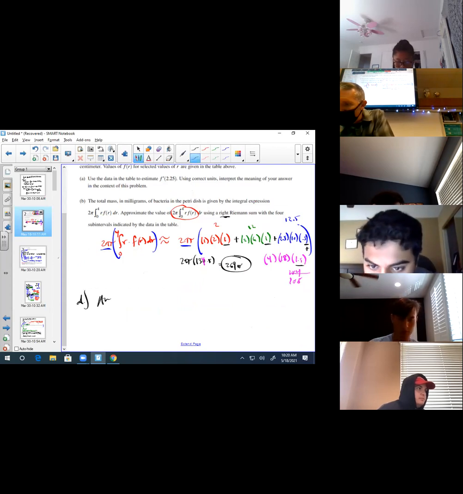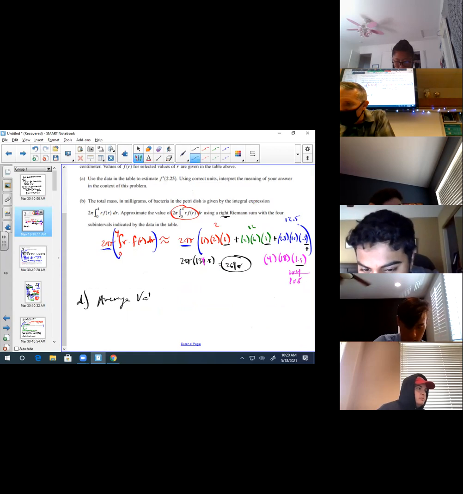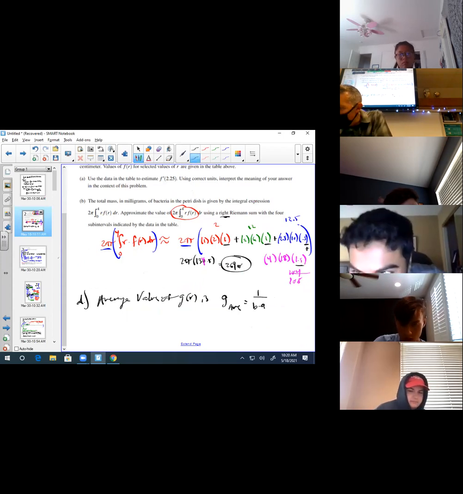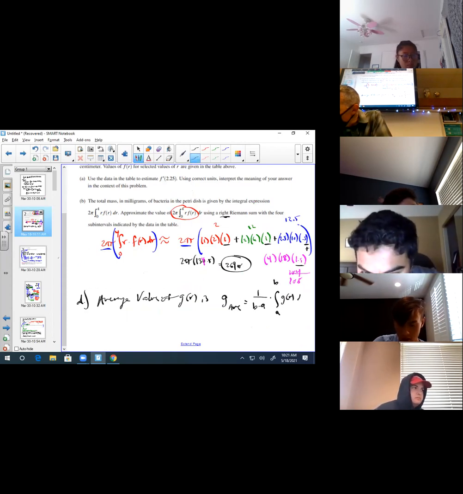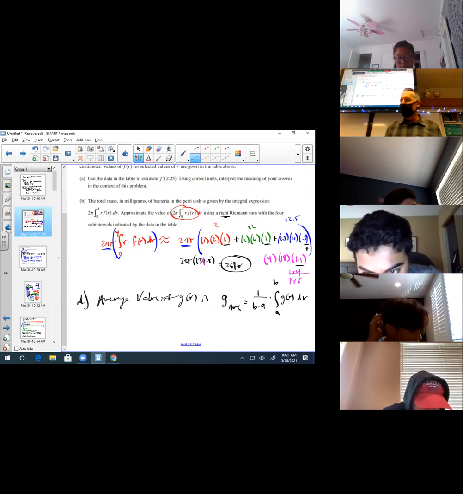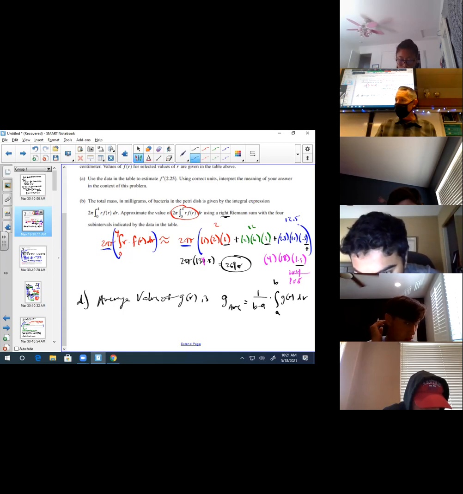The average value of g of r is known as g av, which is 1 over b minus a times the integral from a to b of g of r dr. Right? So we're looking for the value of k where g is equal to its average value. So let's first find the average value.